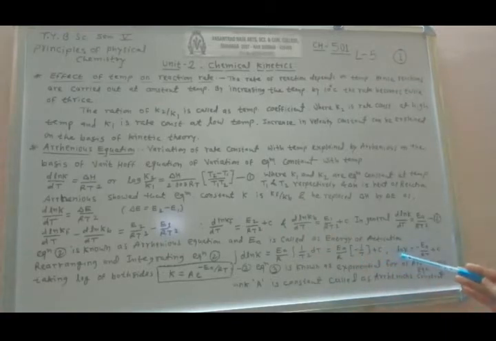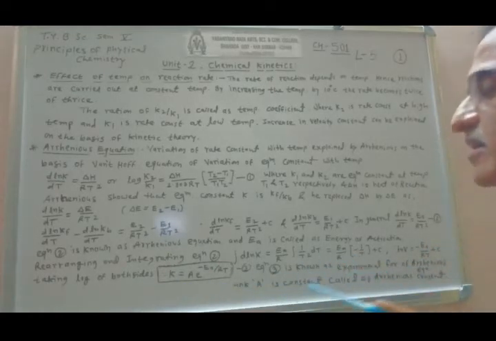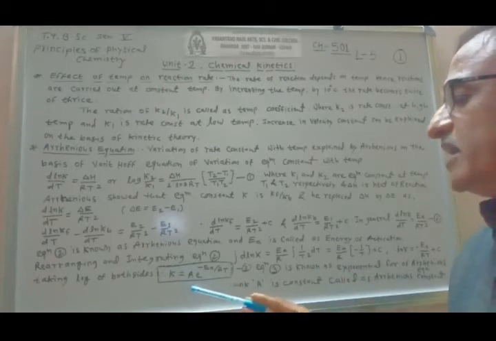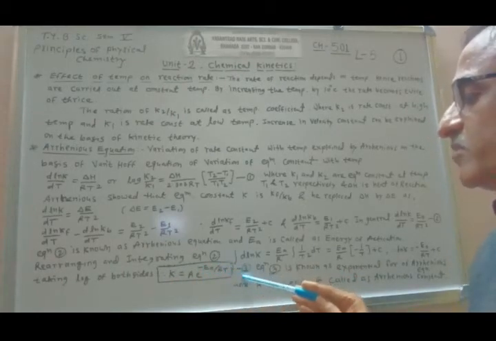Therefore ln K is equal to minus Ea upon RT plus C. Taking the antilog of both sides, this equation becomes K is equal to A e raised to minus Ea upon RT, equation number 3.